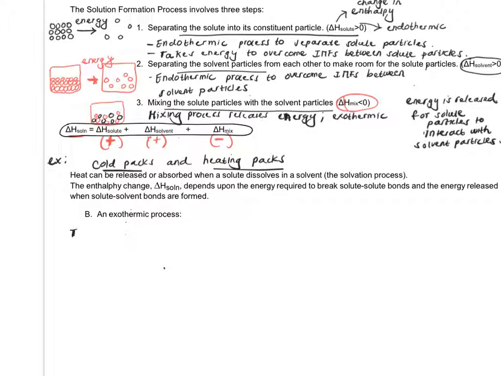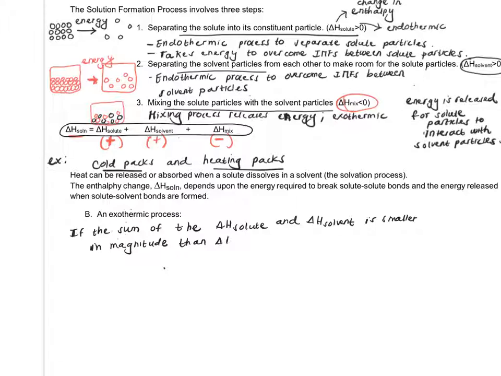So if the sum of the delta H of solute and delta H of solvent is smaller in magnitude than delta H of mixing, which is exothermic, delta H of solution is negative.